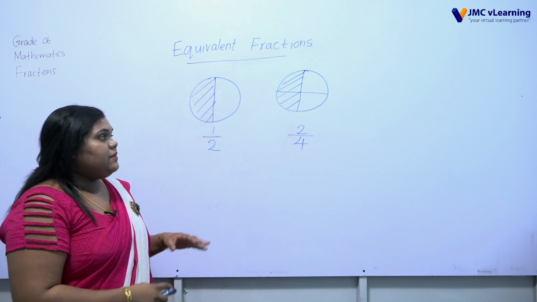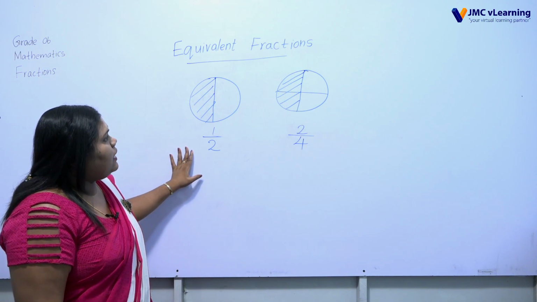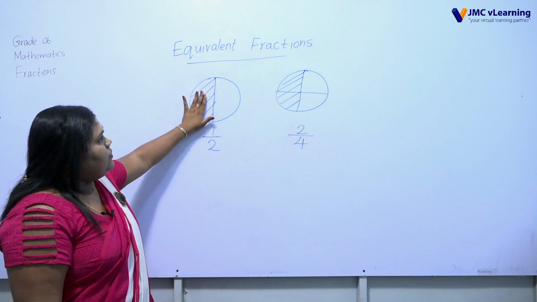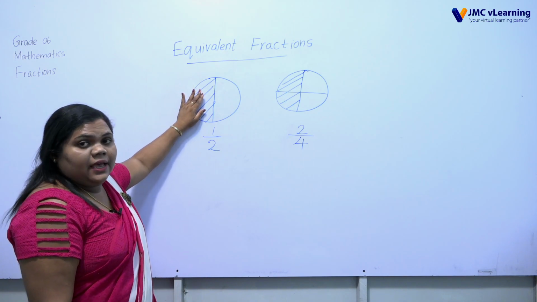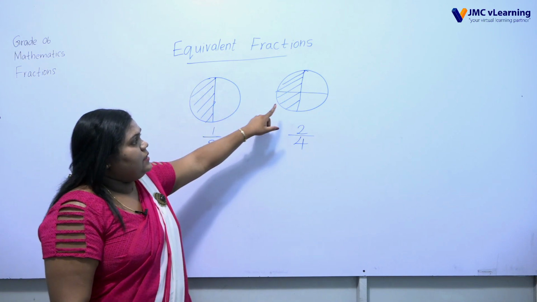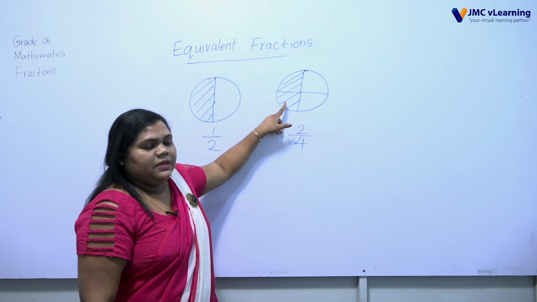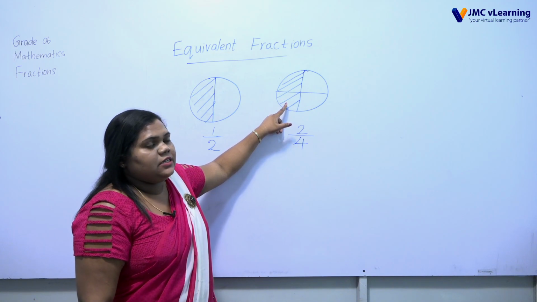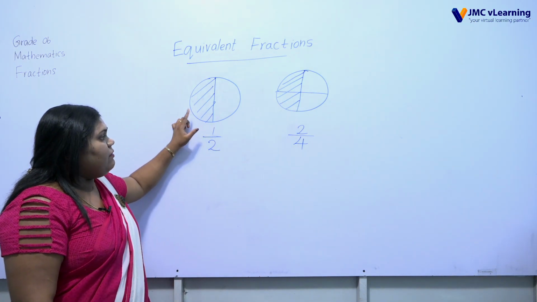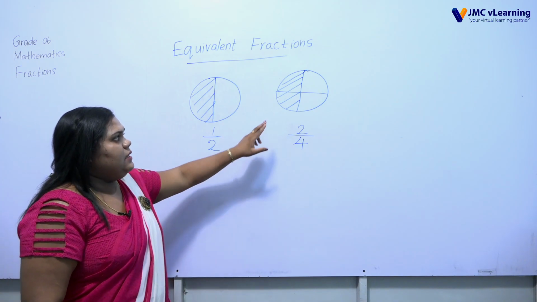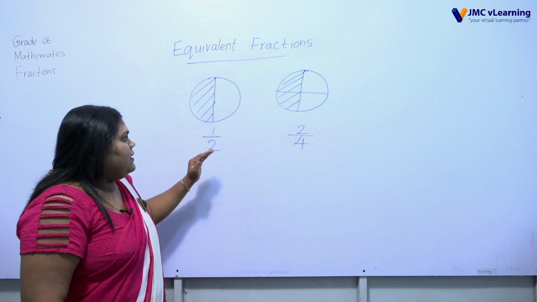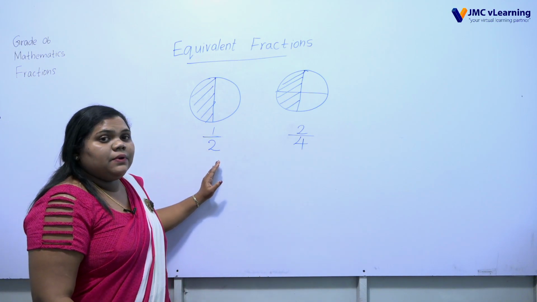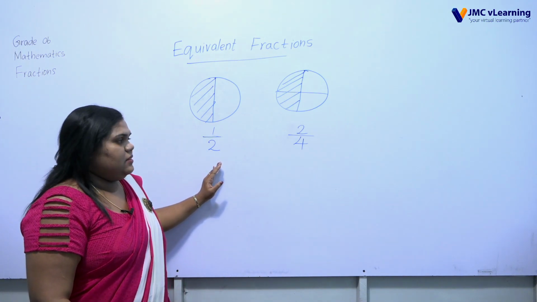You have to observe carefully. In this one half of the picture has color. In here also half of the picture has color. Here we have colored 1 part, in here we have colored 2 parts. But finally these both are equal to each other.